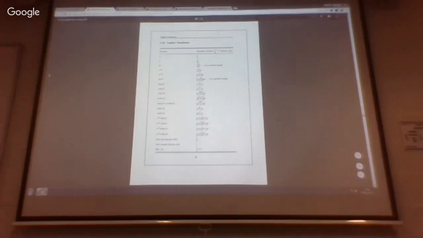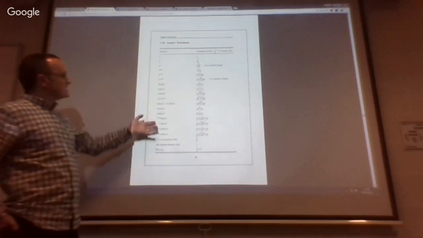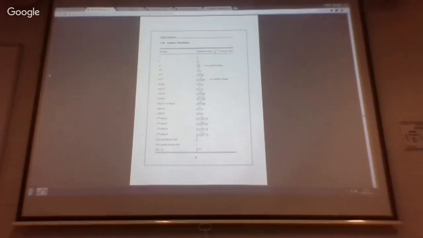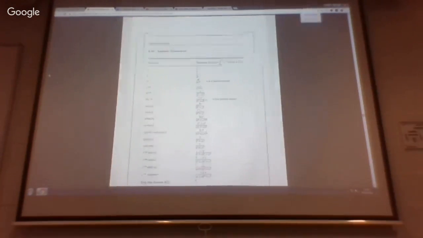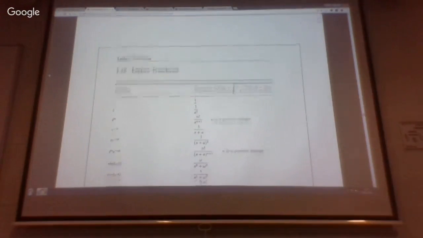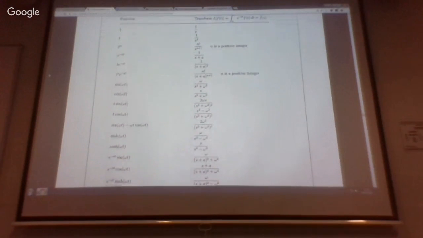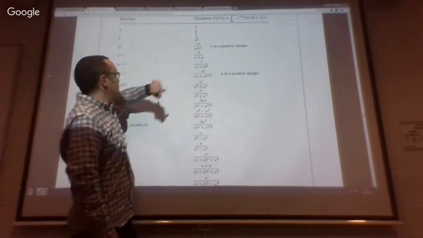So the next page in the notes, what we have reproduced here, these are actually reproduced pages from the formula handbook. You might have seen these before when you were doing first year exams. So these will be available to you in the summer examination. And what it is, it's listing a load of Laplace transforms of some standard functions. We've already seen the Laplace transform of the constant 1 is 1 over s.